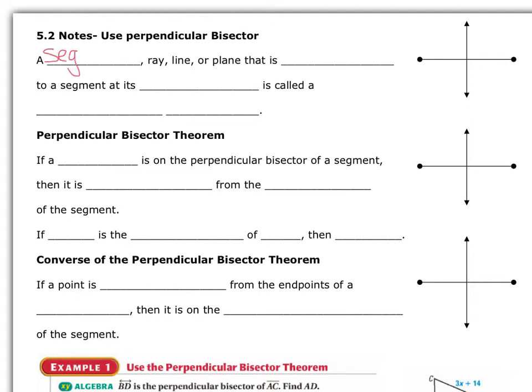So first, a segment bisector is a segment, ray, line, or plane that is perpendicular to a segment at its midpoint.